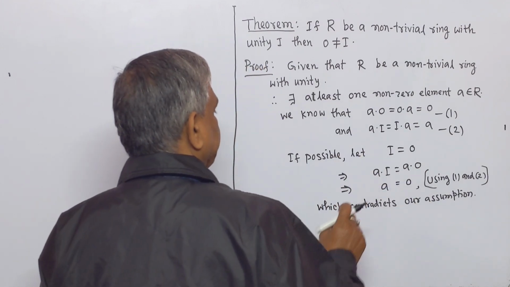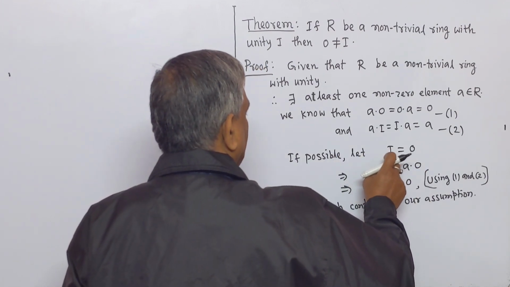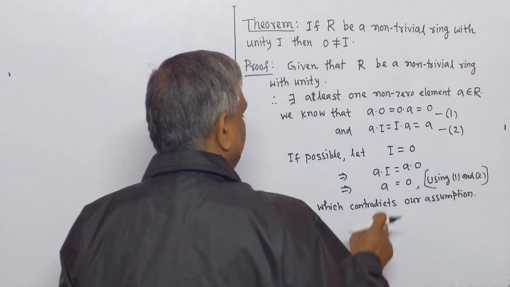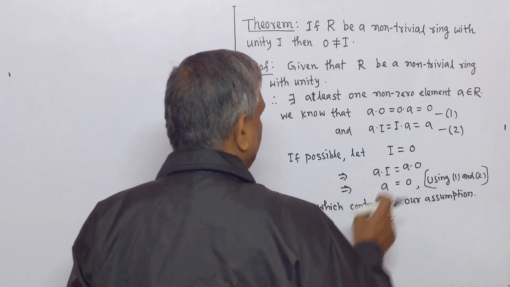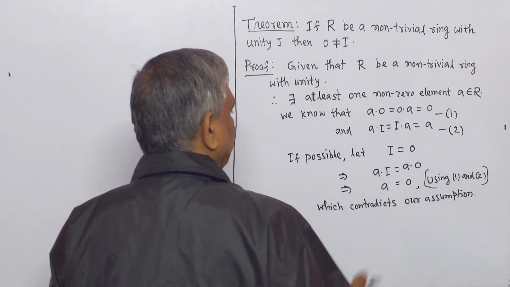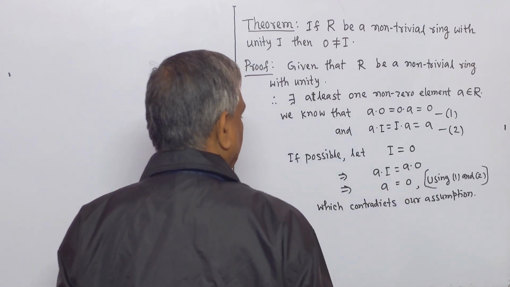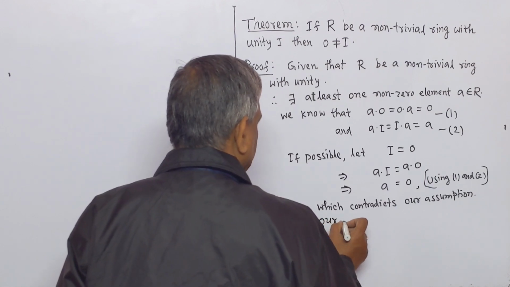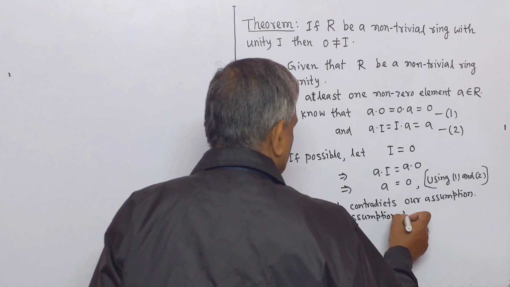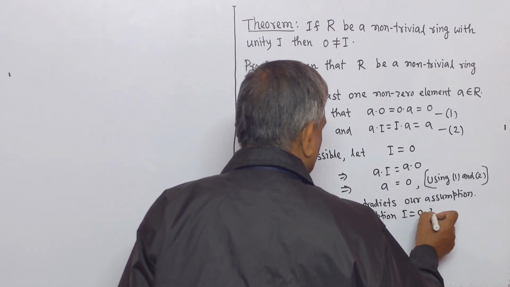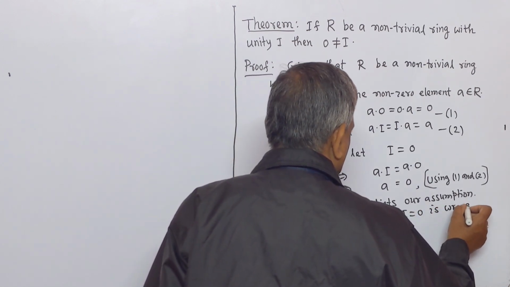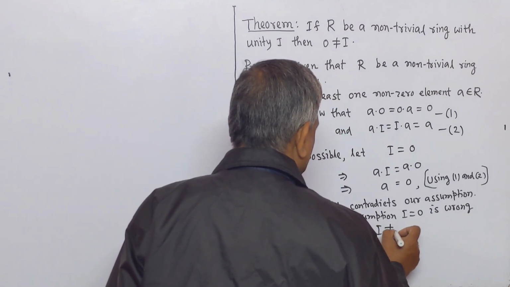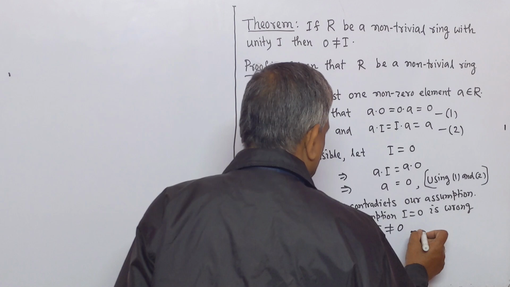If we assume I equal to 0, unity equal to 0 element, then we get A equal to 0 element. That means our assumption is wrong. Therefore, our assumption I equal to 0 is wrong. Therefore, I not equal to 0. Proved.